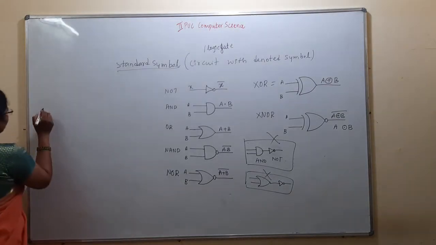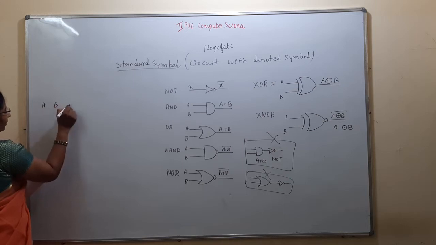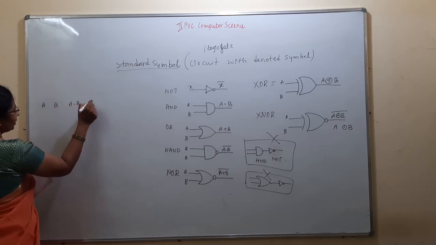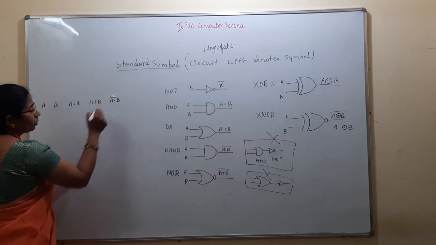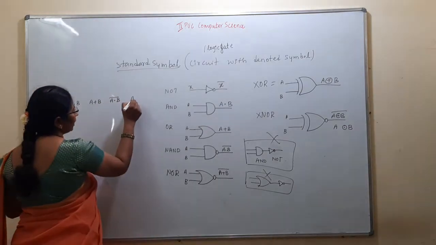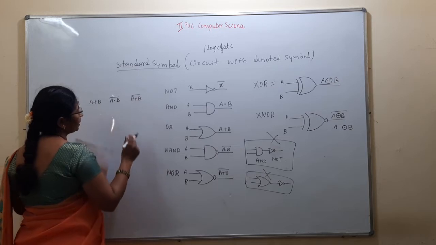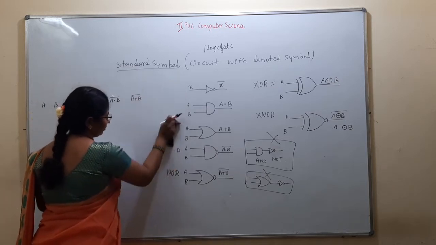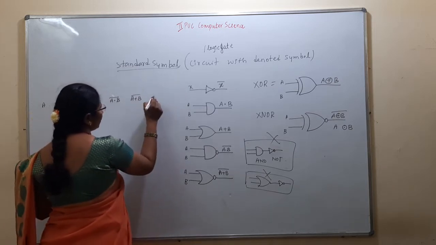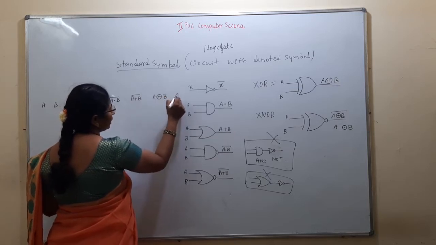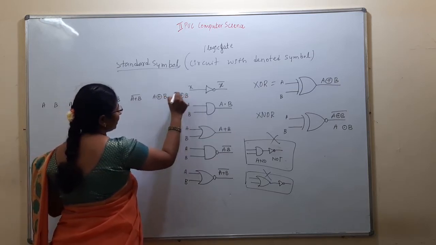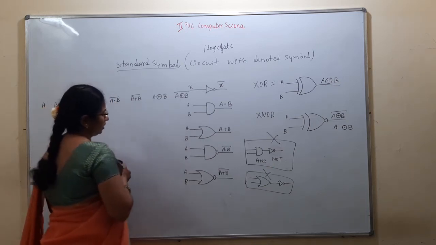So the truth table: A, B, A into B, A plus B, A into B whole complement, A plus B whole complement, then A plus with a bubble B, A plus B with a complement.